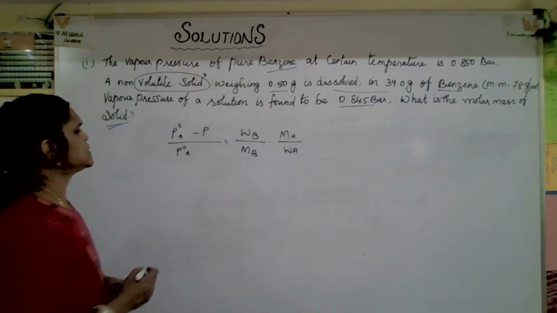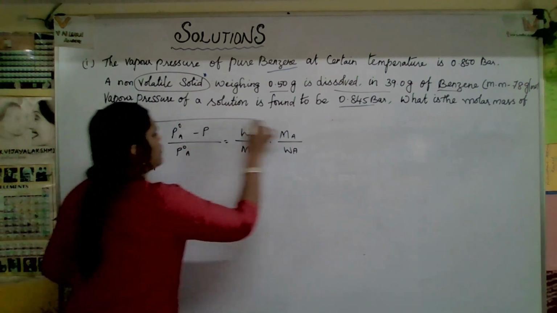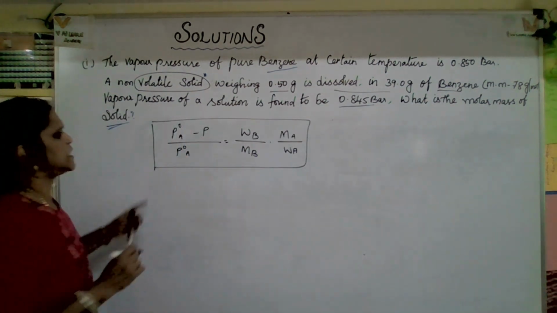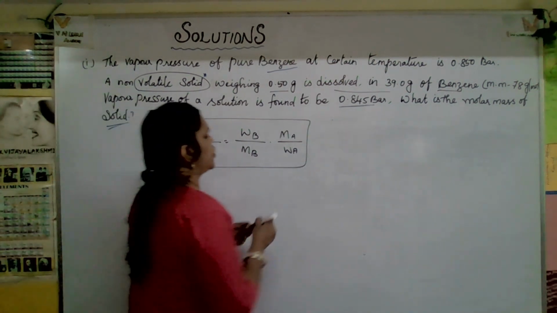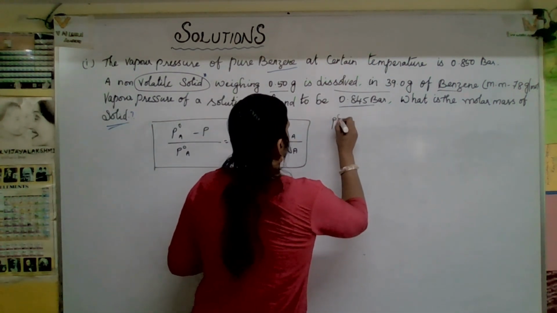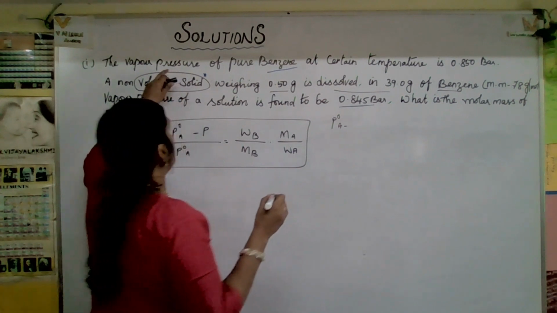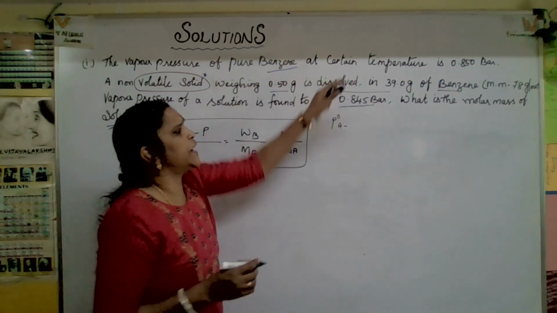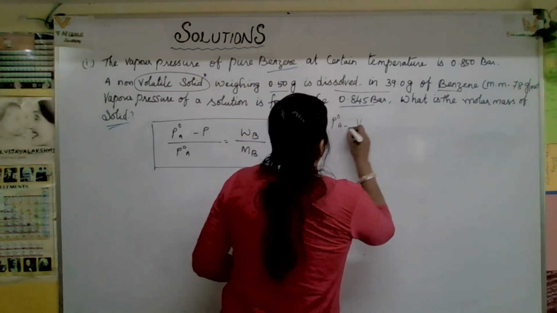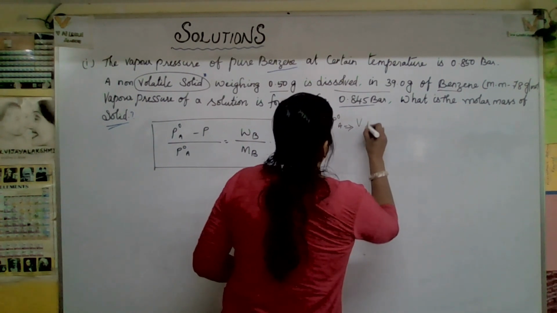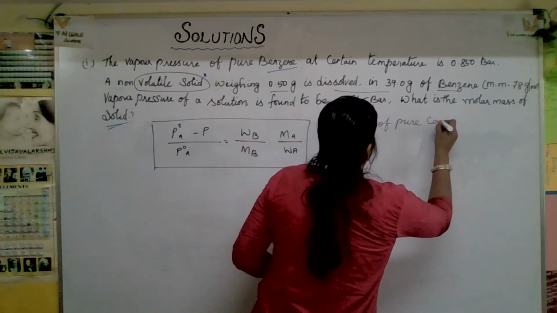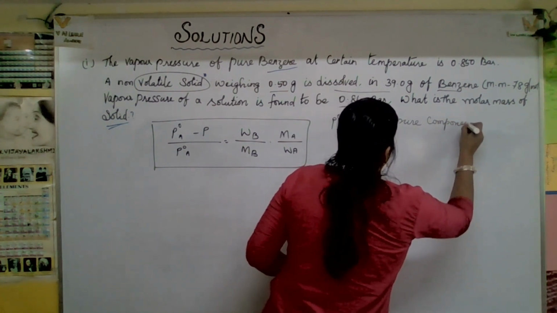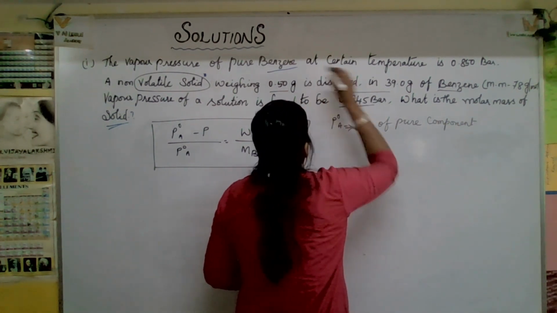Now let us analyze each and every point, what it has mentioned and what the value is, and apply it. Now P naught A, what do you mean by P naught A? P naught A is the vapor pressure of the pure component. What is that pure component?